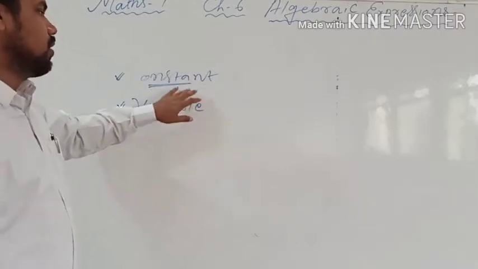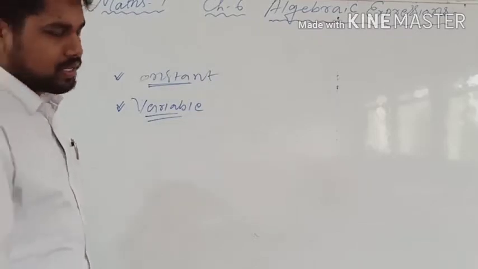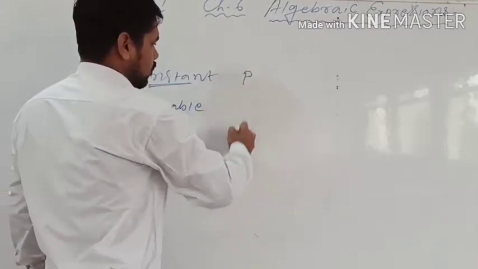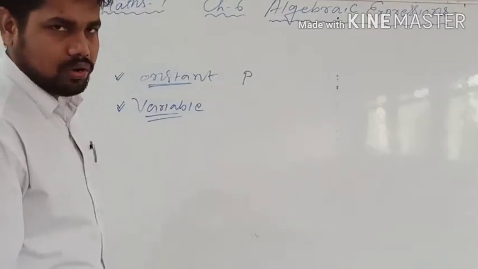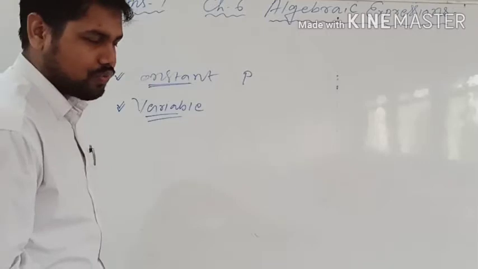For example, we know the perimeter of a square. Suppose I am asking how we can find the perimeter of a square.